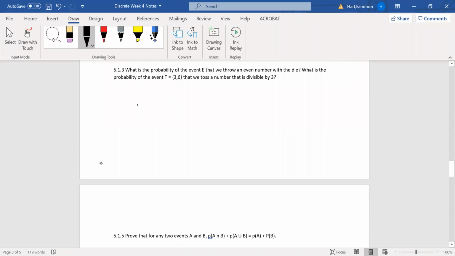Now we're going to look at 2 of the questions from the textbook that relate to this previous section. What is the probability that if we roll a 6-sided die we would get an even result? The set E would be equal to 2, 4, 6, right? And a 6-sided die is a uniform probability distribution.